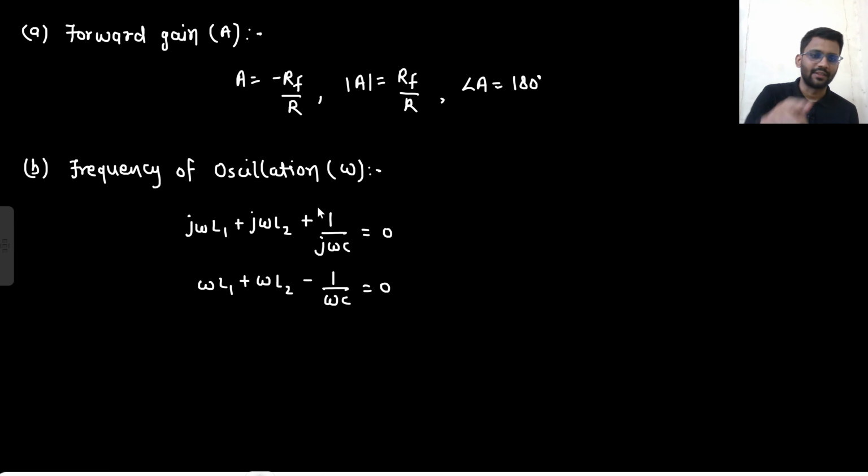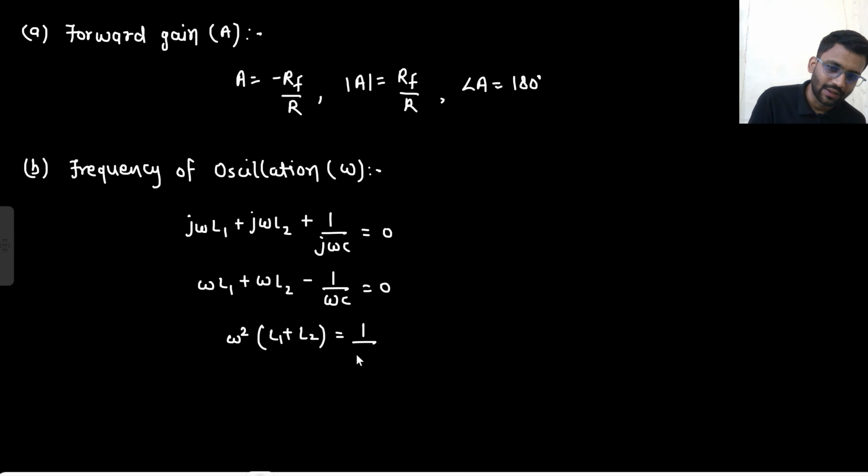Because this would be minus j, so j will come common. Basically I took omega common, nothing else.